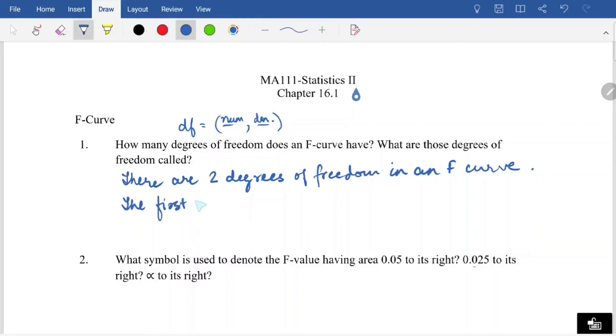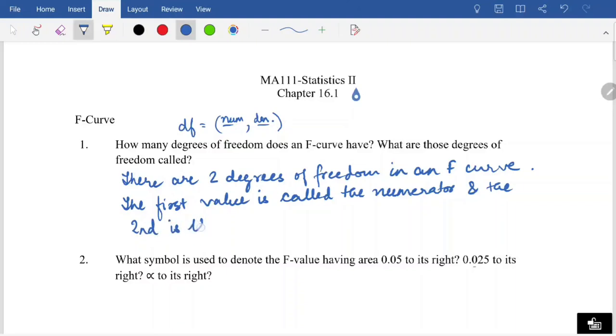The first value is called the numerator value, and the second is the denominator value. Okay, so that's how you would write the answer for the first question.